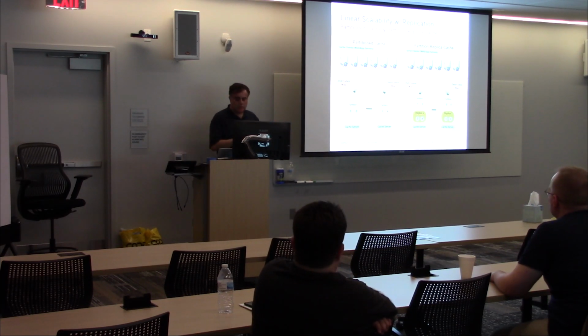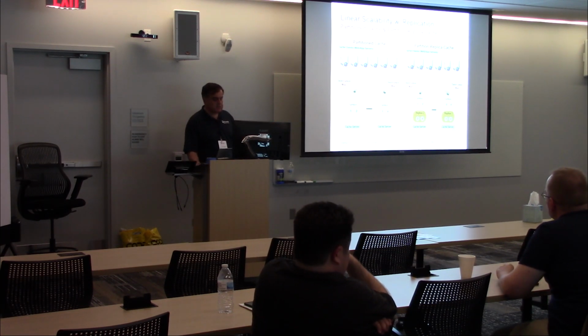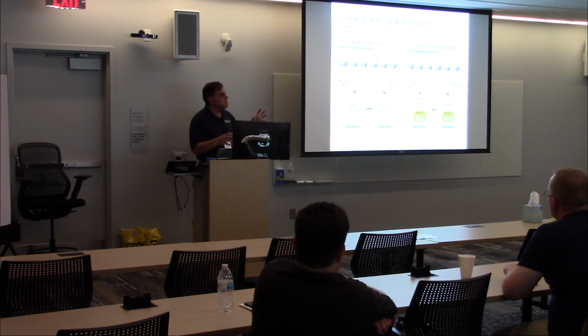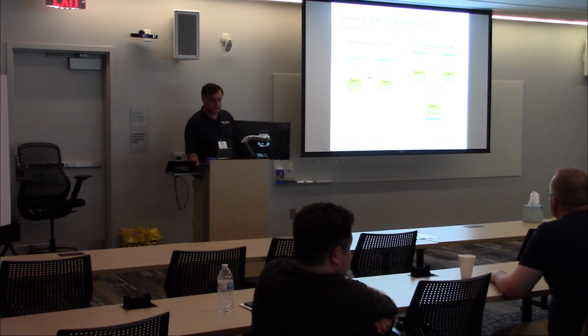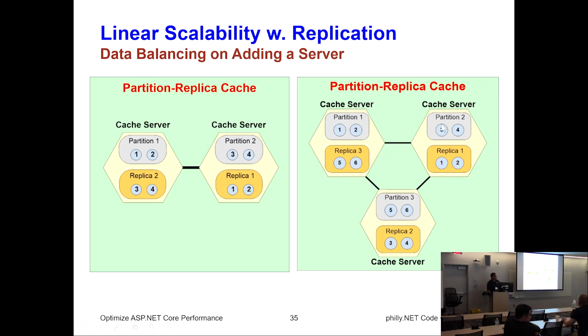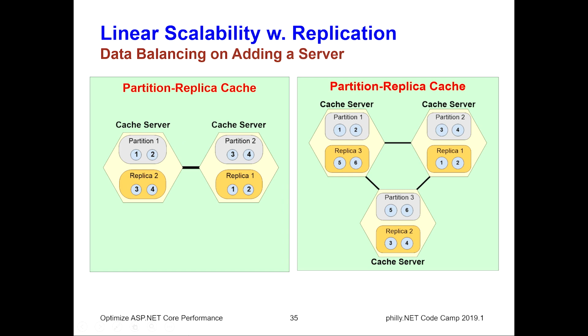Exactly. It will know immediately where the data is. If one server is down, it'll readjust the membership and it'll connect. So let's say if you were a 3-server cluster and one went down, now you're a 2-server cluster, so now your application will automatically know that there are 500 buckets in this one, 500 buckets in this one. All of that's hidden from you. It's all done by that NuGet package, the client.